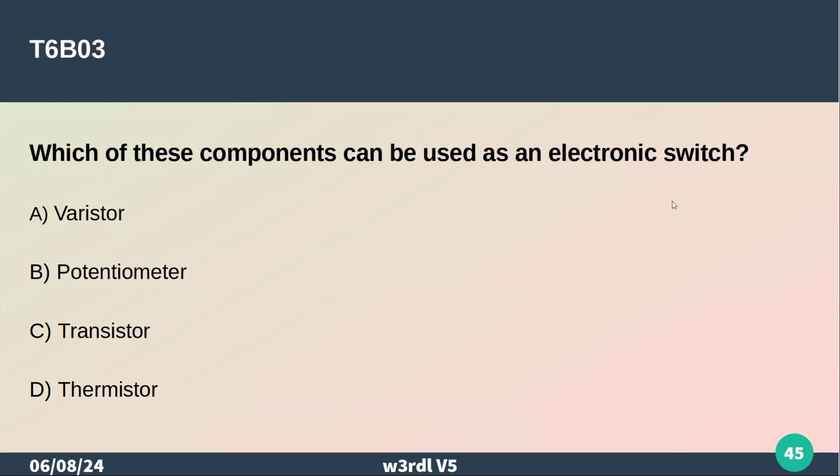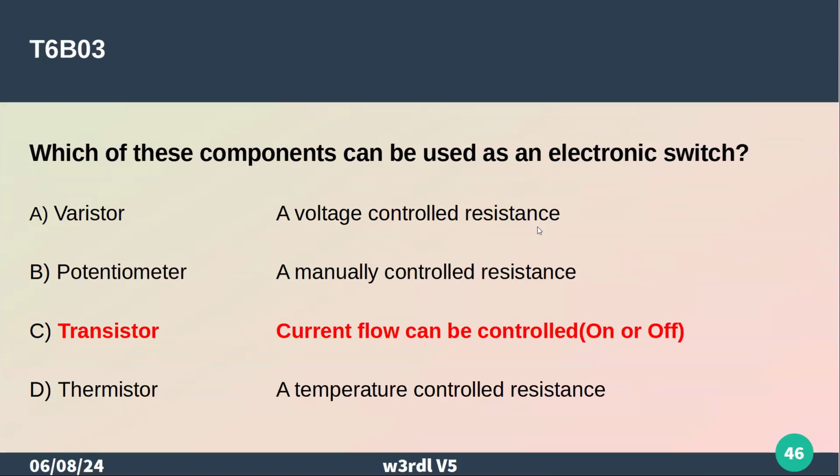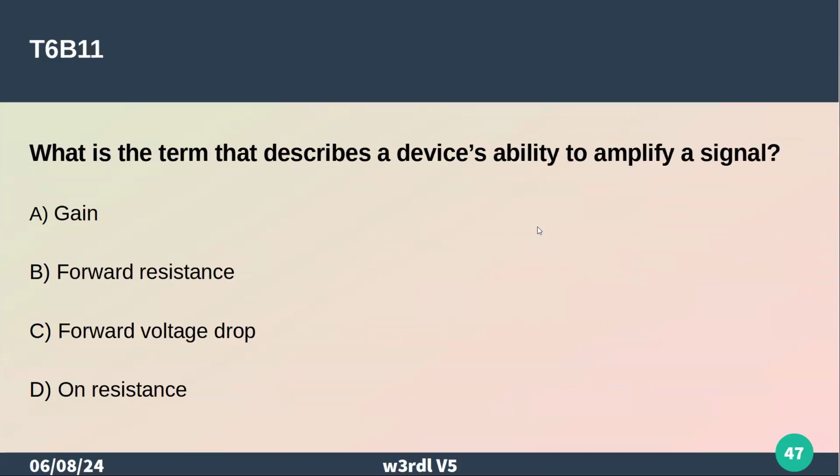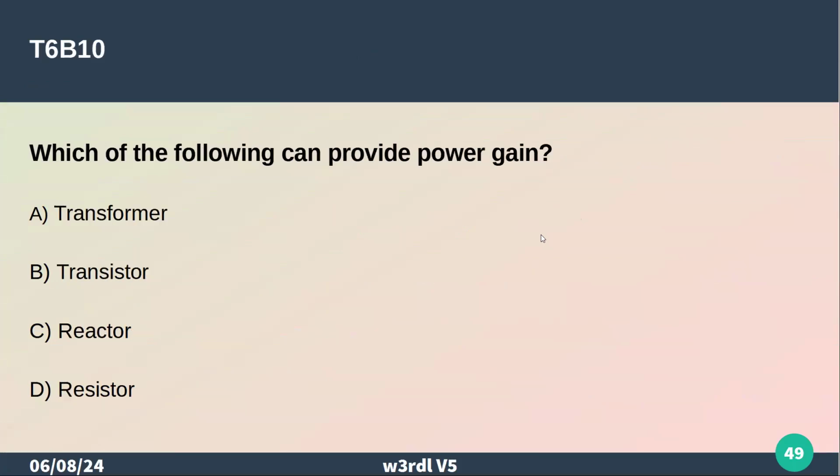Which of these components can be used as an electronic switch? B. Charlie, B. What's the term that describes a device's ability to amplify a signal? A. Jumped on that one. Hey, good. Which of the following can provide power gain?